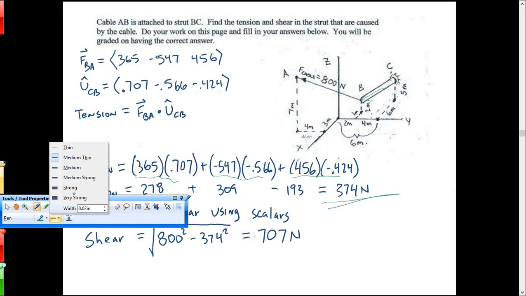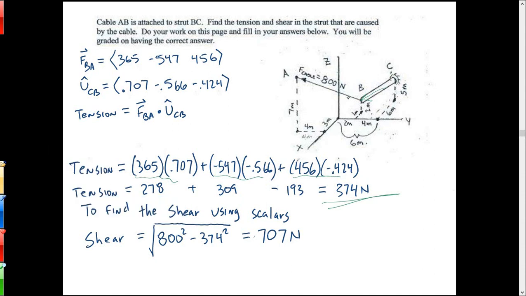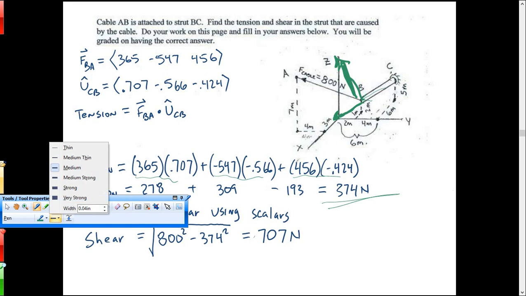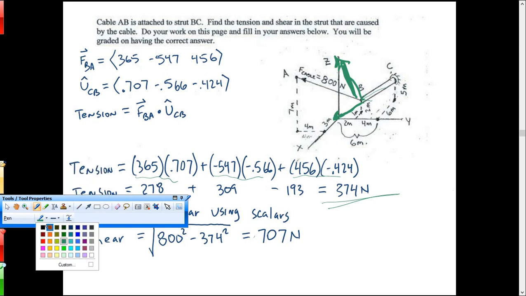Because what I've got here is, the tension is like that. The shear will be like that, and that vector, that original tension in the cable, is the original force vector, okay?